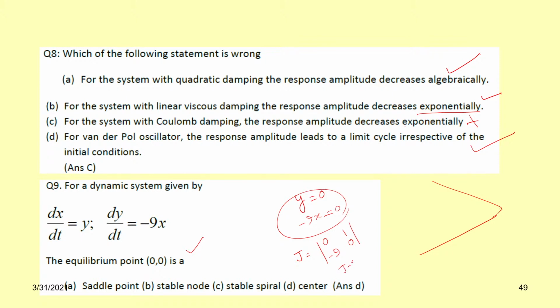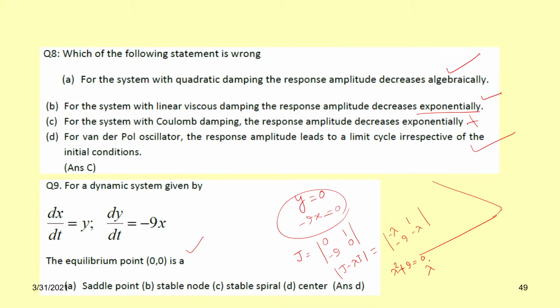Now make J minus lambda I, and set the determinant equal to 0. The matrix has minus lambda, 1, minus 9, and minus lambda. So the equation becomes lambda square minus 9 into 1, which is minus 9, so minus minus is plus 9, equal to 0.